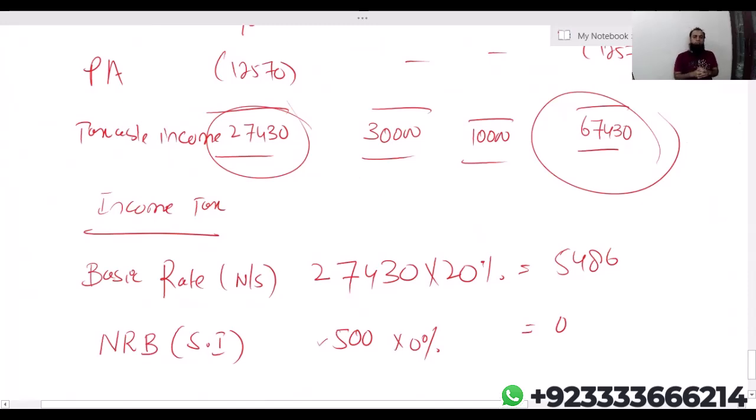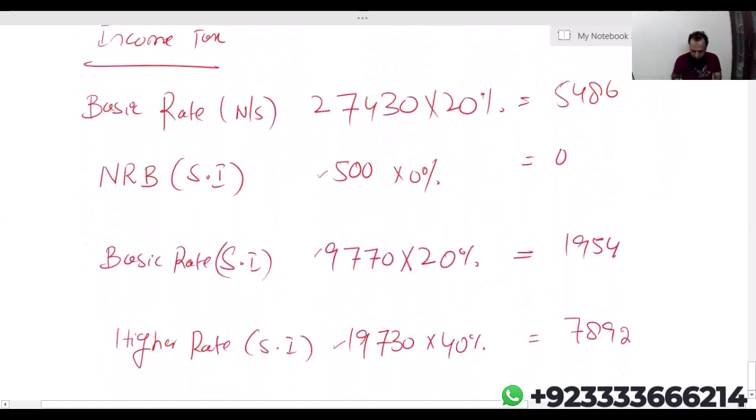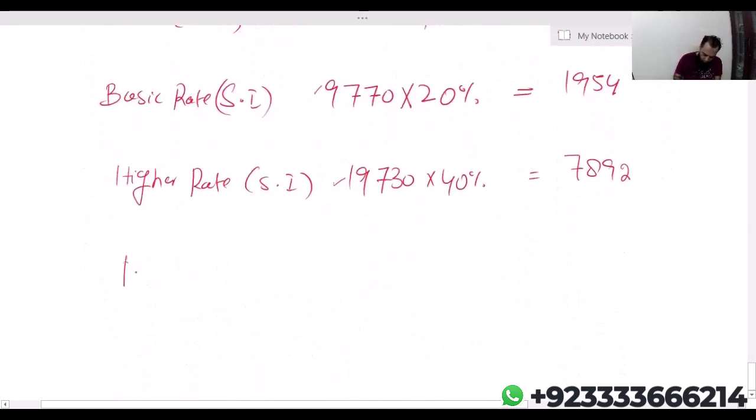Number two, irrespective of tax paying status, Finance Act 2024 says every individual gets nil rate band £500 for its dividend income. So it means nil rate band dividend income, which is 500, obviously 0% is 0.